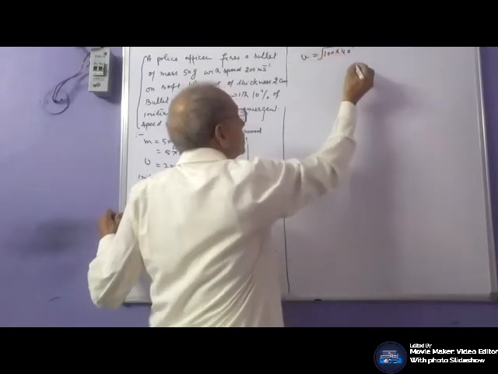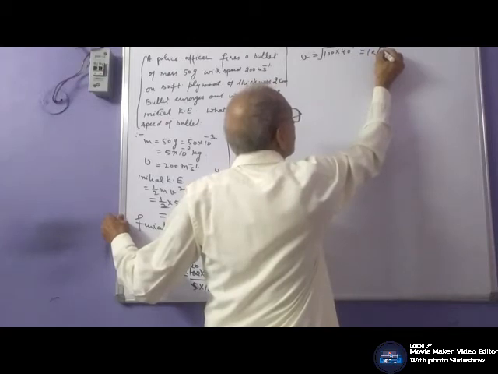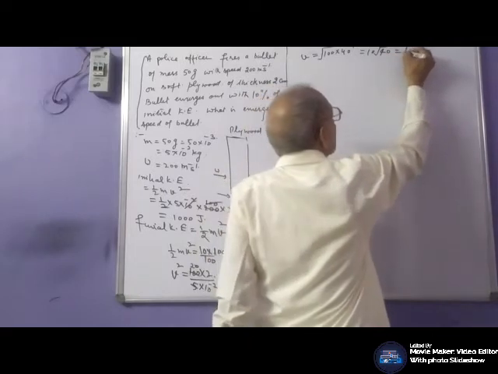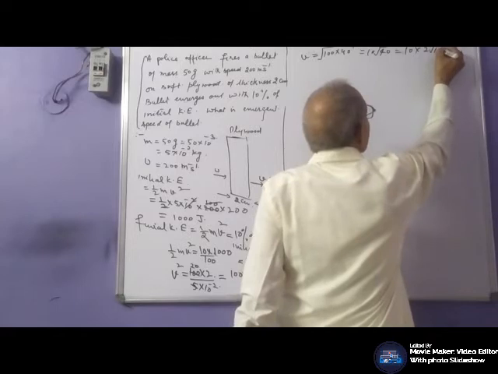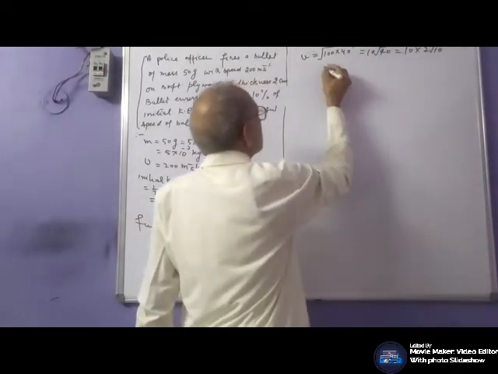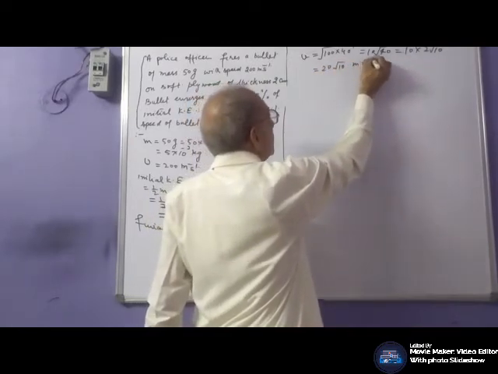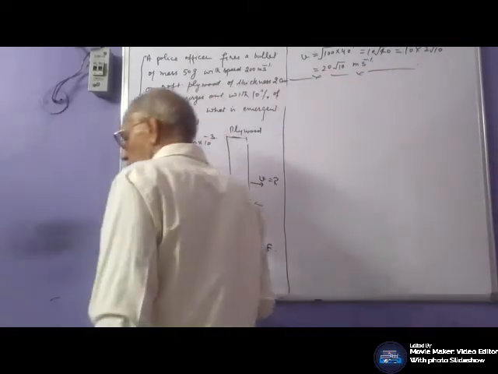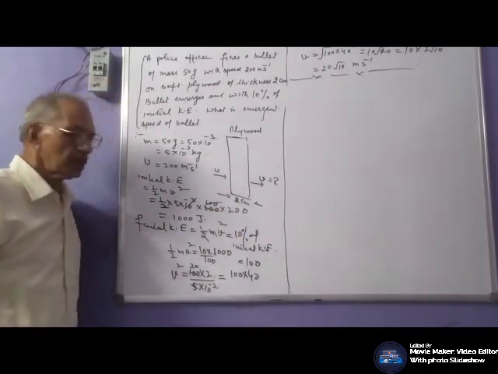This is what? 10 into 40, 10 into 2 into 10. Take 4 also out. So this is what? 20 root 10 meter per second. This is the emergent speed of the bullet. So the thickness is meaningless here.